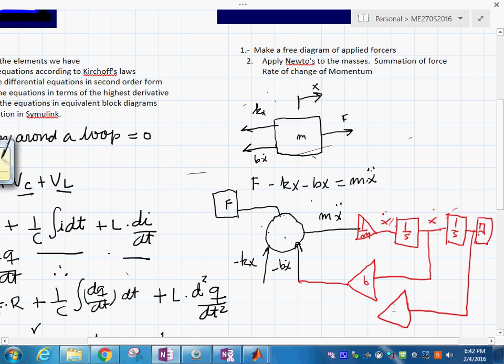This would be the feedback for 1 over C. Like that, see? Once you have this block diagram, putting it into Simulink is the same as we did with the other system.